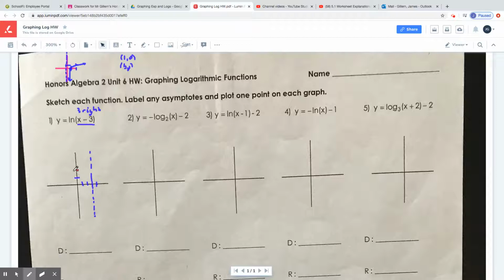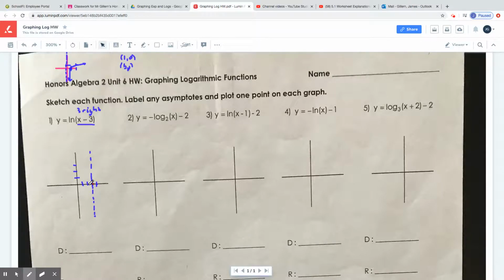Now it's a natural log. So what's my base? My base is e. Whenever it's a natural log, my base is e. Natural log is base e, which is 2.718. So normally I am at, remember, the base. So that's e, which is in here somewhere, over here, 2.718.